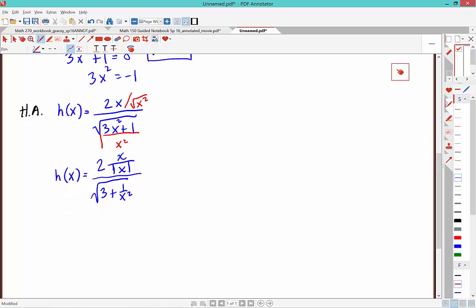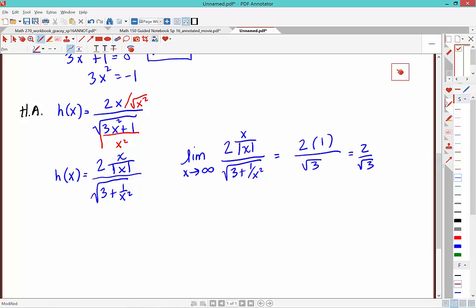So do you see that when I evaluate the limit as x approaches positive infinity of this, I will get positive 1 for the x over absolute x. And so I'll end up getting 2 times positive 1 over root 3, which is 2 over root 3.